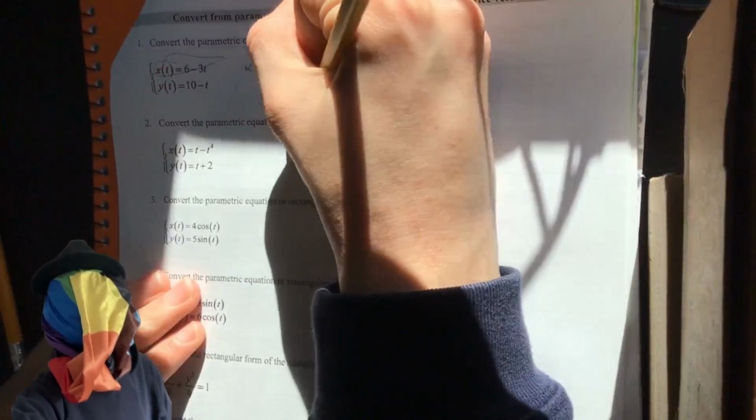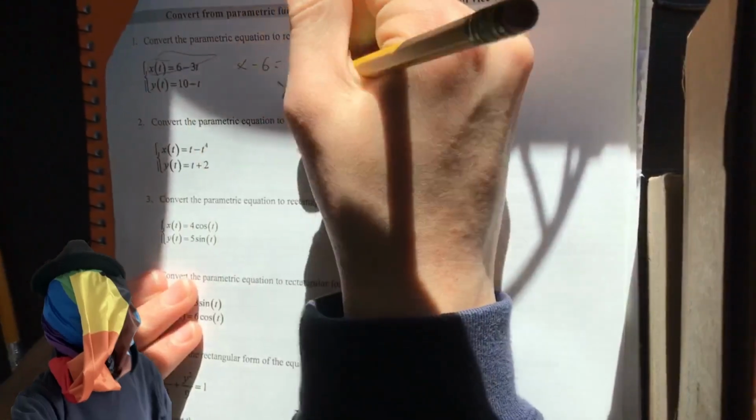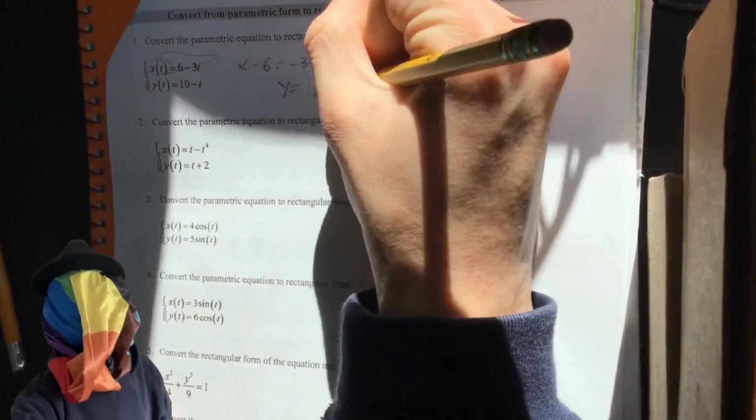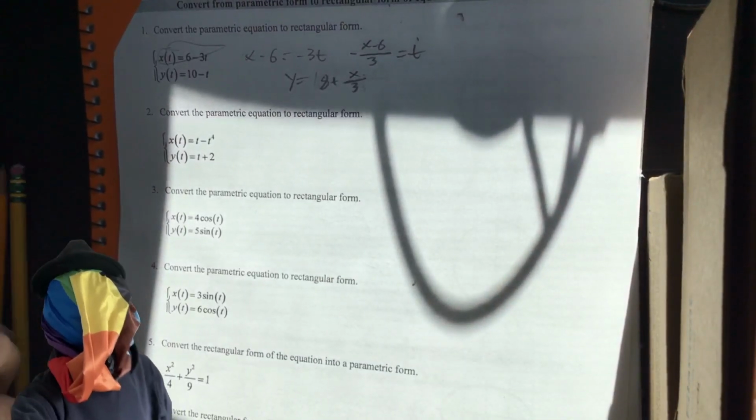We can just go 8 plus x/3. That should work. So time to solve for x, or solve for t.